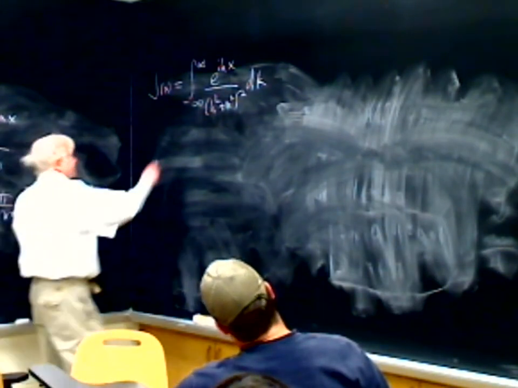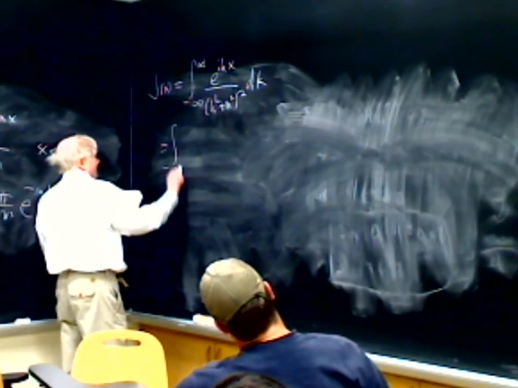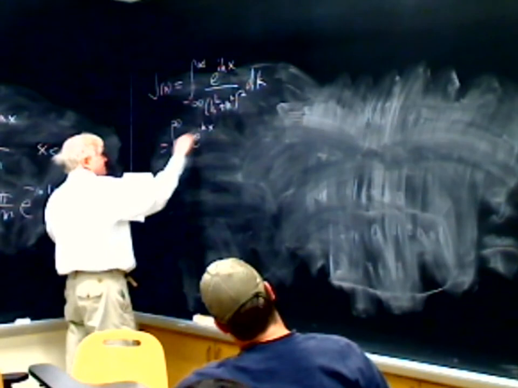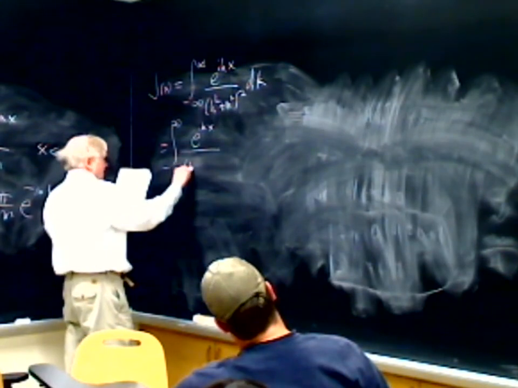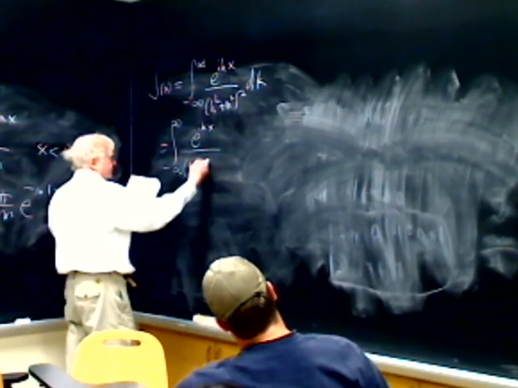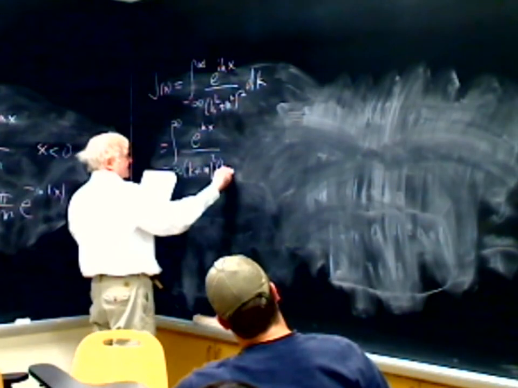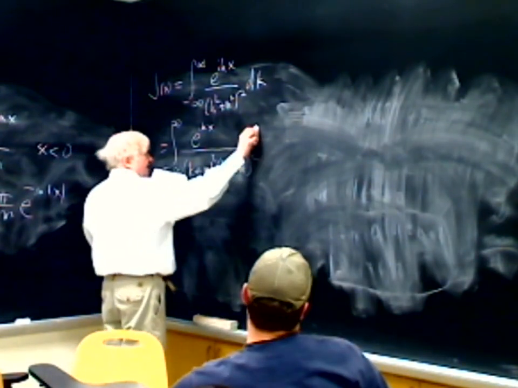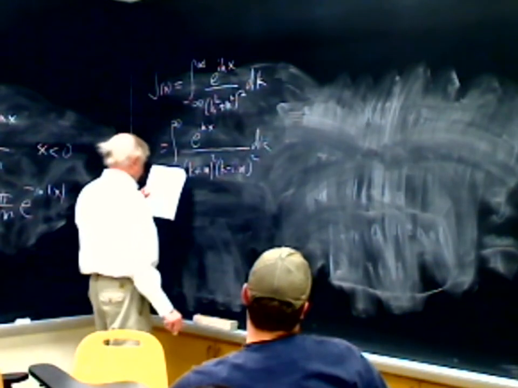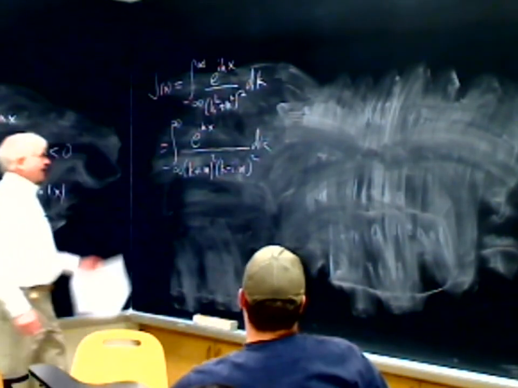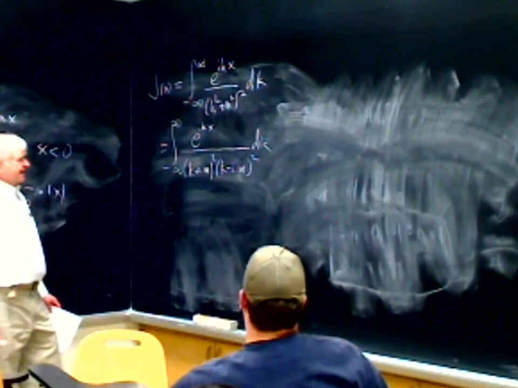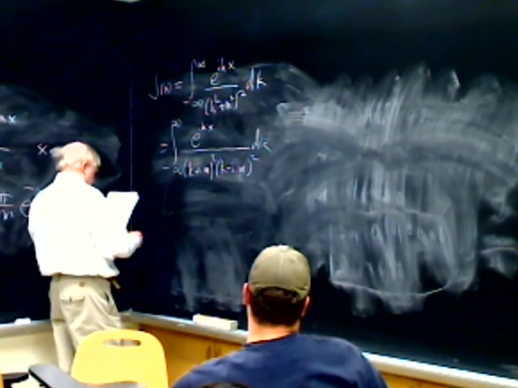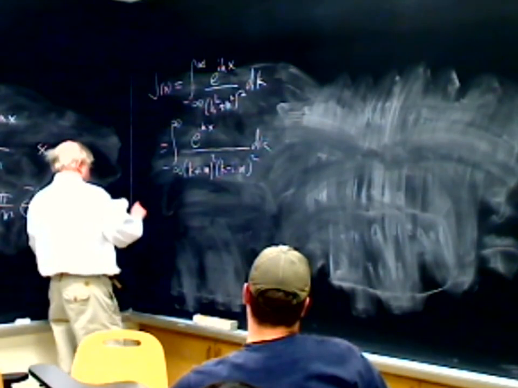Well, first of all, let's factor the denominator. We get e to the ikx over (k plus im) squared (k minus im) squared dk. Now, okay, x is positive.